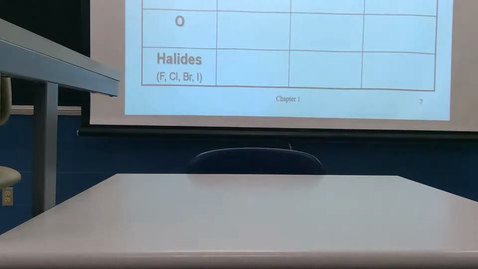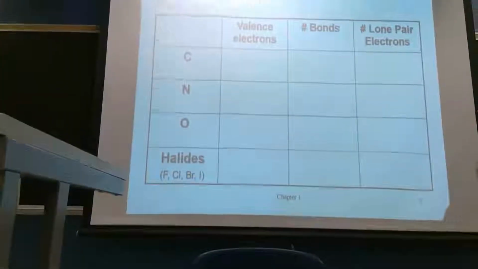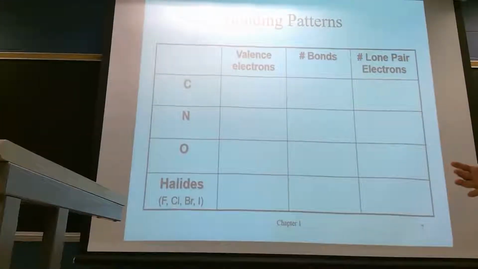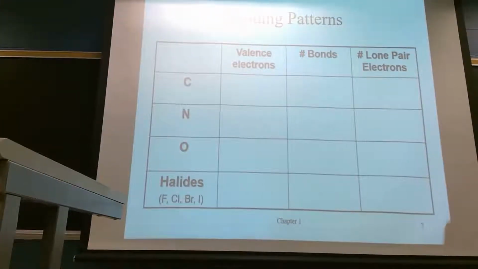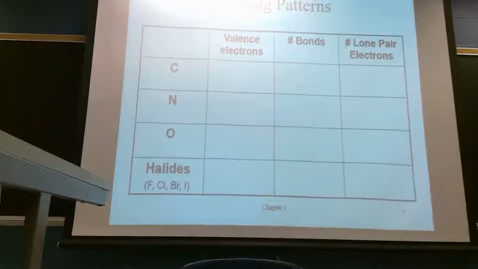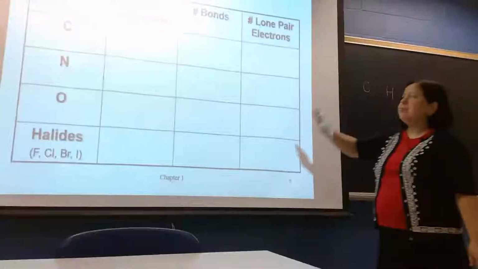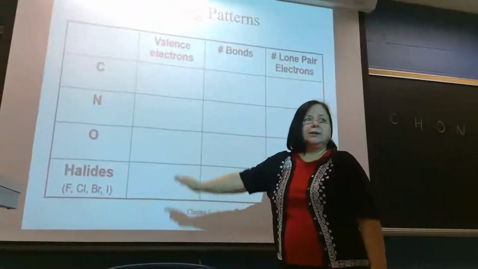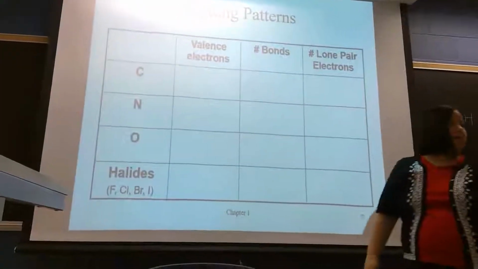Okay, so I know that some of you already know this, but if you had general chemistry a long time ago, or if you don't remember, we have to know how many bonds elements can have.